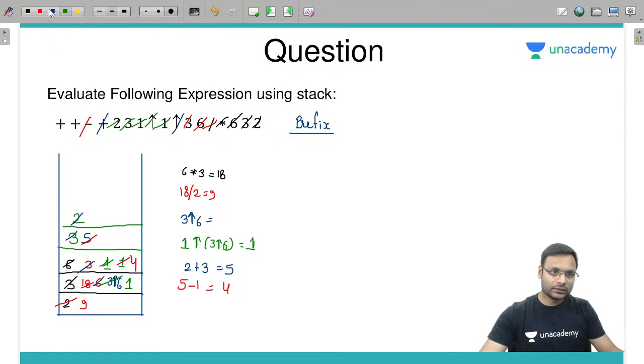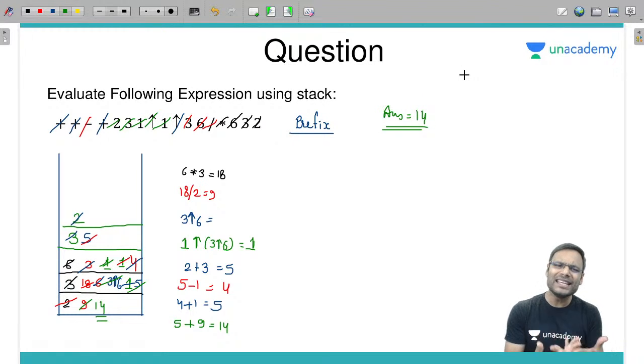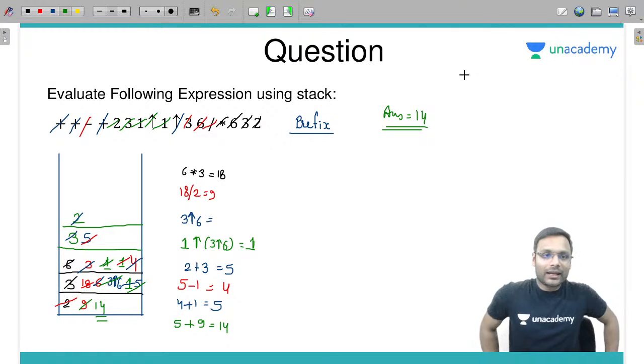Then plus: 4 plus 1, 5. Then plus: 5 plus 9, 14. Good, Jasmine. Nice. Answer is 14. Use the method which you know and easily you can get the answer.